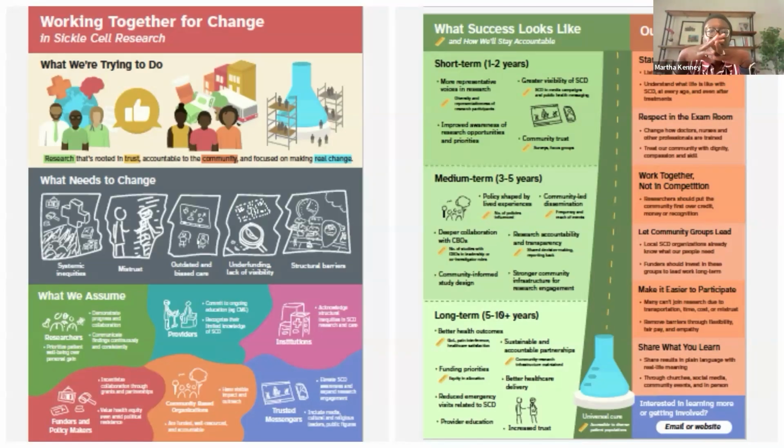And so one of the important things for them is that they wanted to do an infographic that takes what they've created and puts it in a visual way that somebody who doesn't have a scientific or academic background can read through it and understand it. So this is an infographic that we hired a graphic artist to create based on the work that they've done. And then the other thing that is being worked on is an animated video of the work as well, to be able to share on social media.